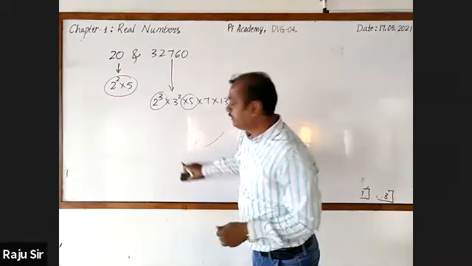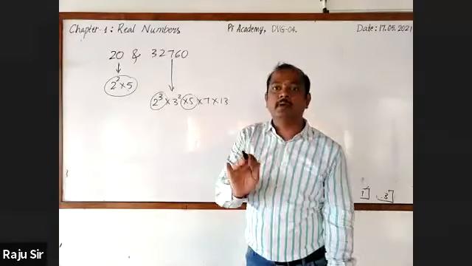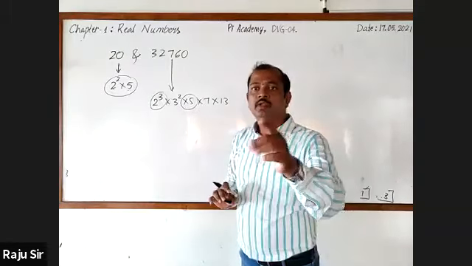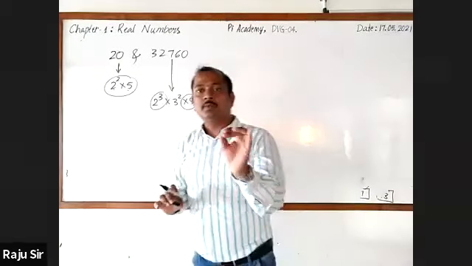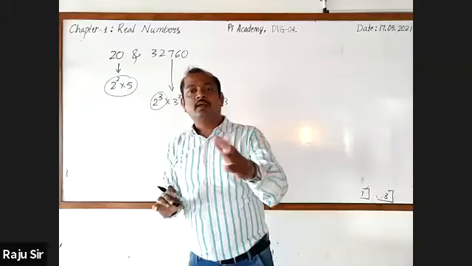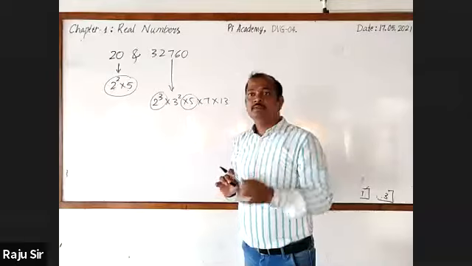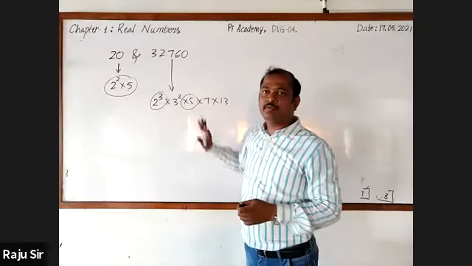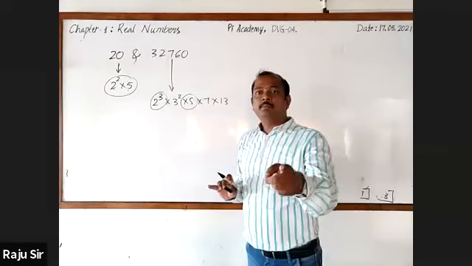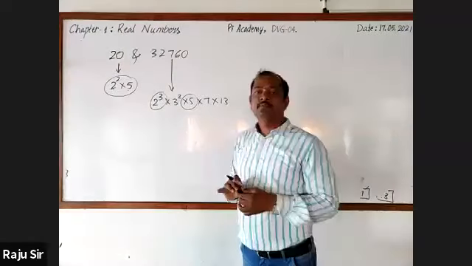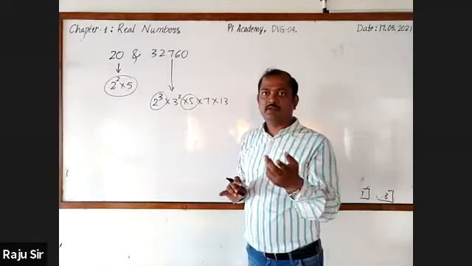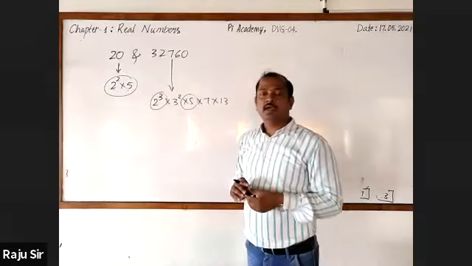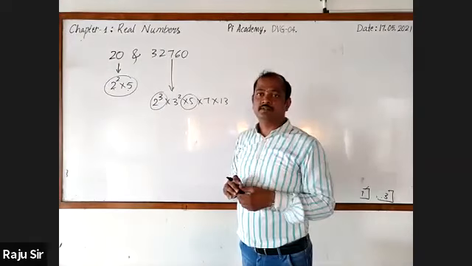Any number which ends with 0 has a prime factorization which contains both 2 and 5 as its factors.